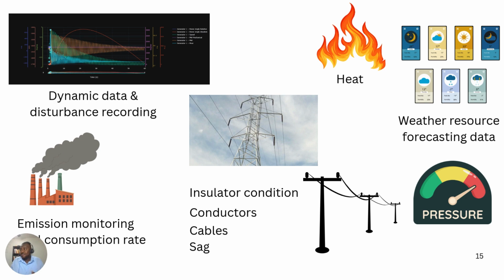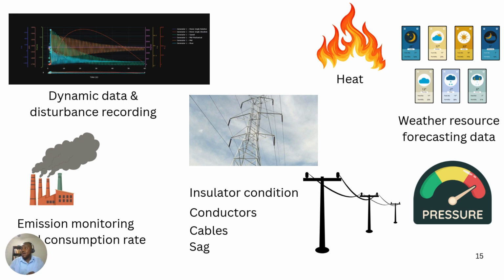Heat is also one of the things we need to consider as a parameter in operating our power grid assets, especially if you are running a thermal power plant. Heat is the main thing that goes to heat the water. You heat water, and then the water gets very hot. There's steam that will be produced from the water. This steam is dry, and then it runs through turbines to produce electricity.